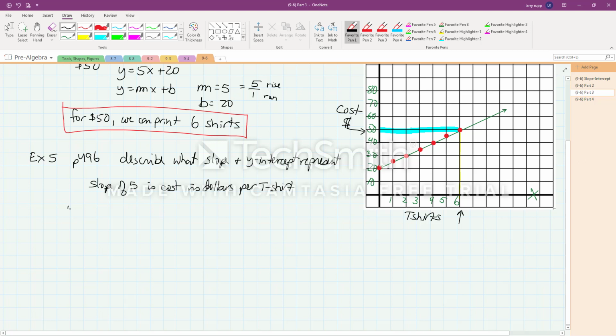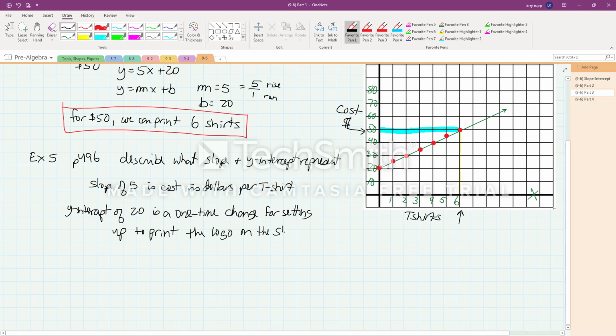Okay, well, what does the y-intercept mean then? A y-intercept of 20. What does that mean? That means this is a one-time charge for setting up to print the logo on the shirts.